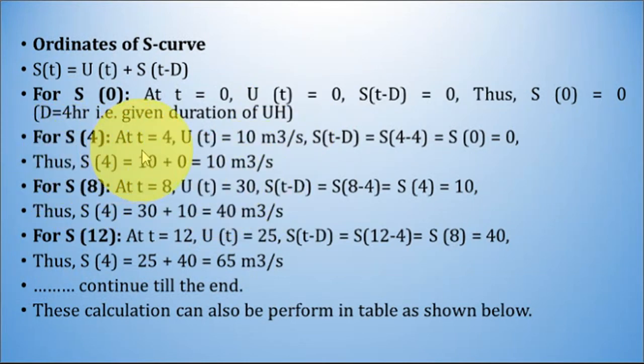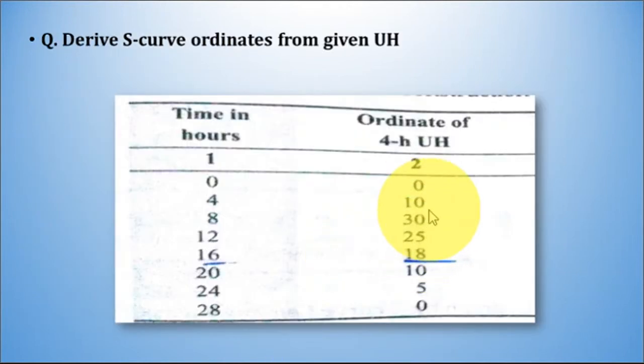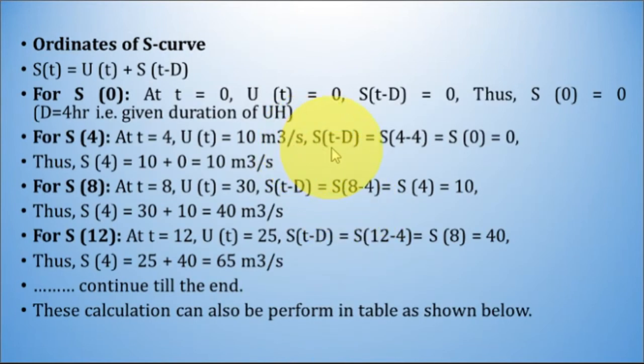For S4, that is t equal to 4, U of t is 10 meter cube per second, then S of (t minus D), that is 4 minus 4, will come out as 0. Therefore S suffix 4 is equal to 10 plus 0, which is 10 meter cube per second.